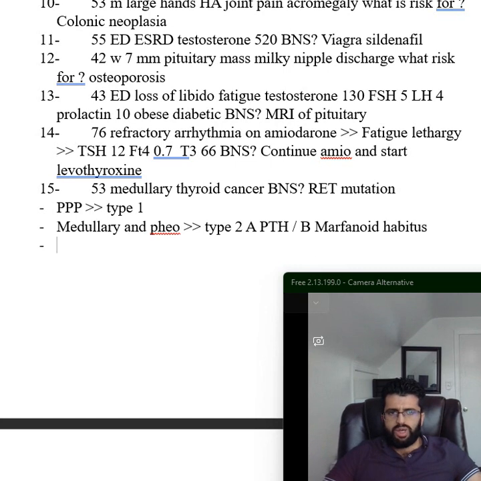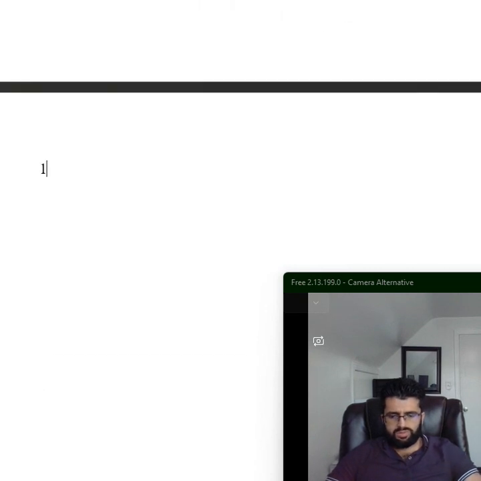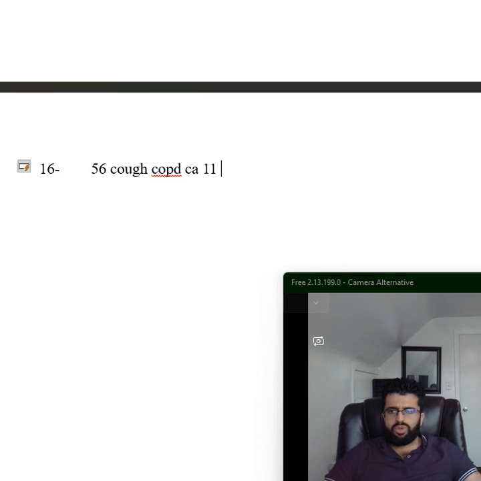Alright, so now you have another case. A patient came in, 56, came in because of cough, COPD. You do labs, you see calcium is elevated, 11. What would be your diagnosis? You check parathyroid hormone.